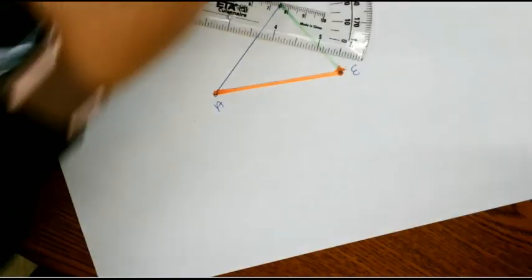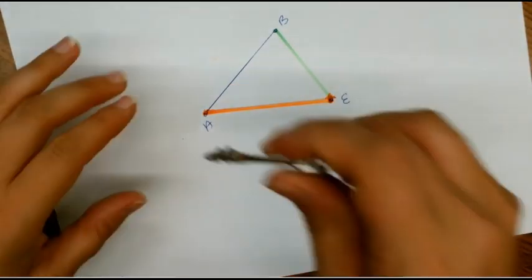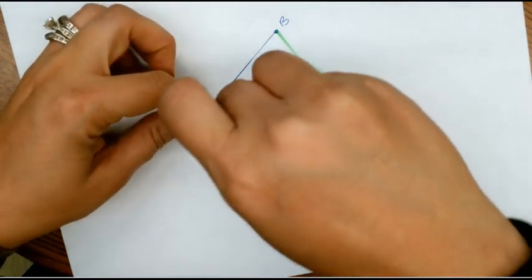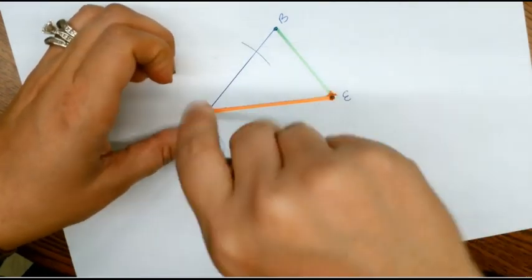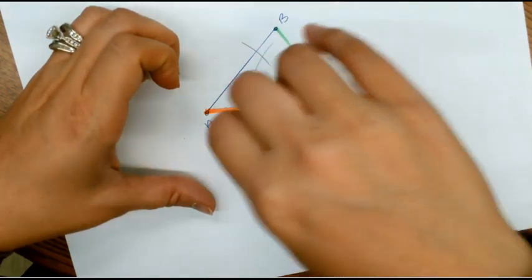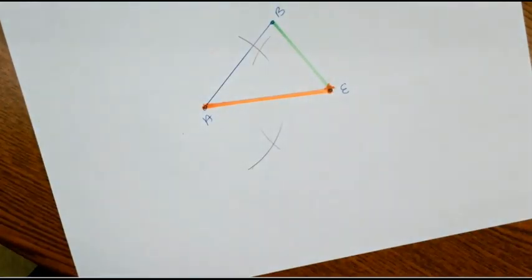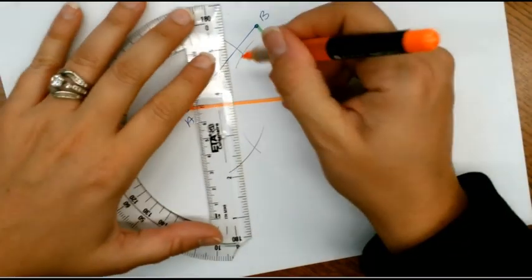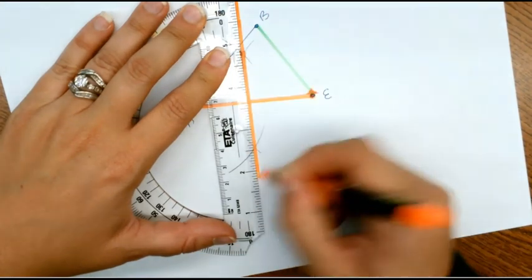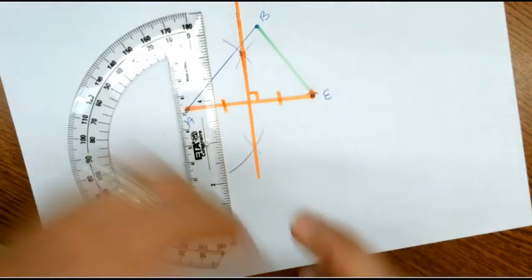Now, I'm going to find arc above, well, a little bit more than half, okay. Arc above, arc below, arc above, arc below. Here to here. Perpendicular bisector.